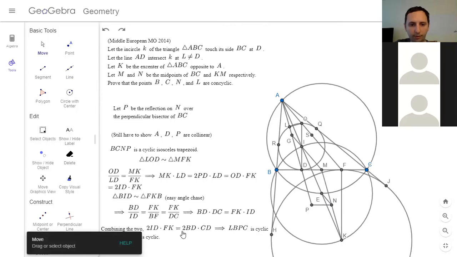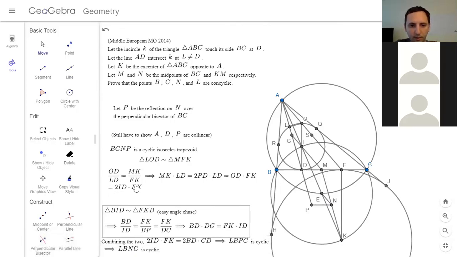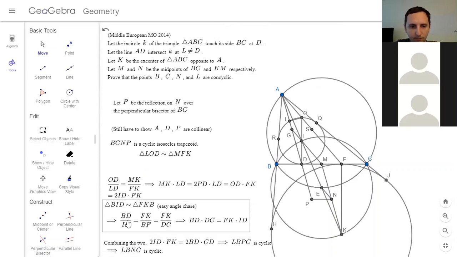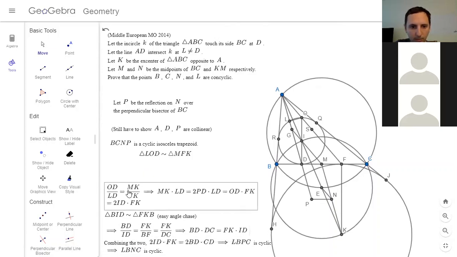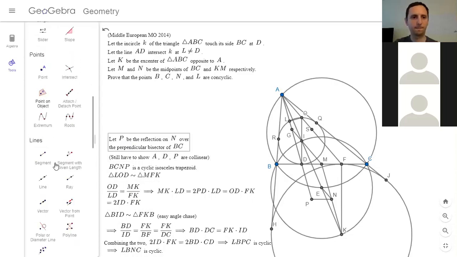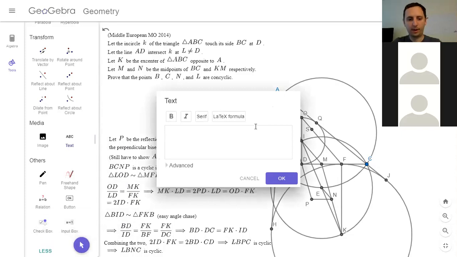Okay, so I'll move all this stuff down and make room for that. Okay, so by a homothety at A, AD and FK meet at a point X, not shown, that lies on the AFX circle.